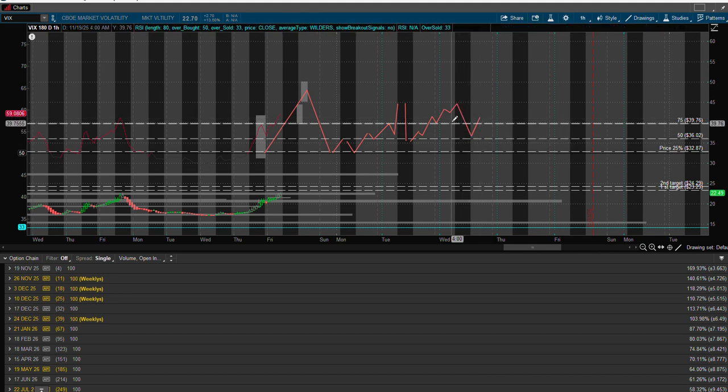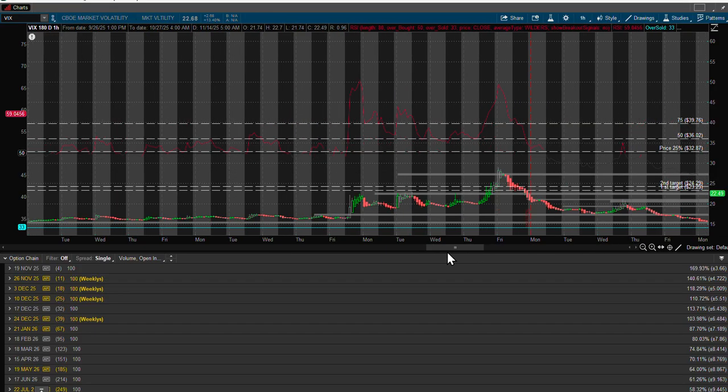So the thing is, learning how to buy off support and sell into resistance, buy off resistance and sell into support, buy off support, sell into resistance, wherever you have your lines at.